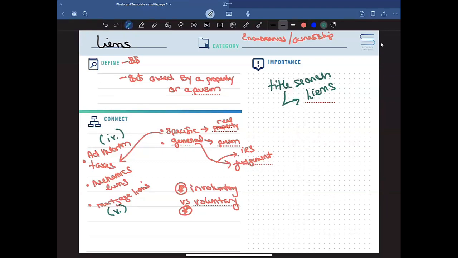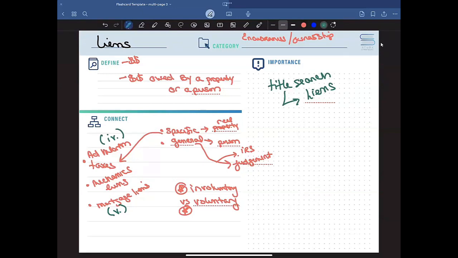So as the buyer, you would have signed a contract that said, hey, I want this house to have free and clear title. So you hire somebody to do a title search to make sure you're getting free and clear title. But if they do the title search and they find a mechanics lien, then the escrow agent or the attorney is going to make sure that mechanics lien gets removed before they transfer title to you.